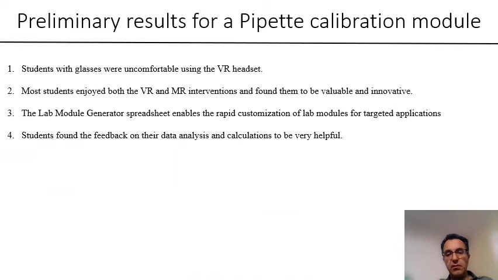Some preliminary results of our tests using a pipette calibration module in the research design that was shown indicate that students with glasses were uncomfortable using the VR headsets, yet most students enjoyed both the VR and mixed reality interventions and found them to be valuable and innovative. The lab module generator spreadsheet also enabled the rapid customization of lab modules for targeted applications, and students found the feedback on their data analysis and calculations to be quite helpful.